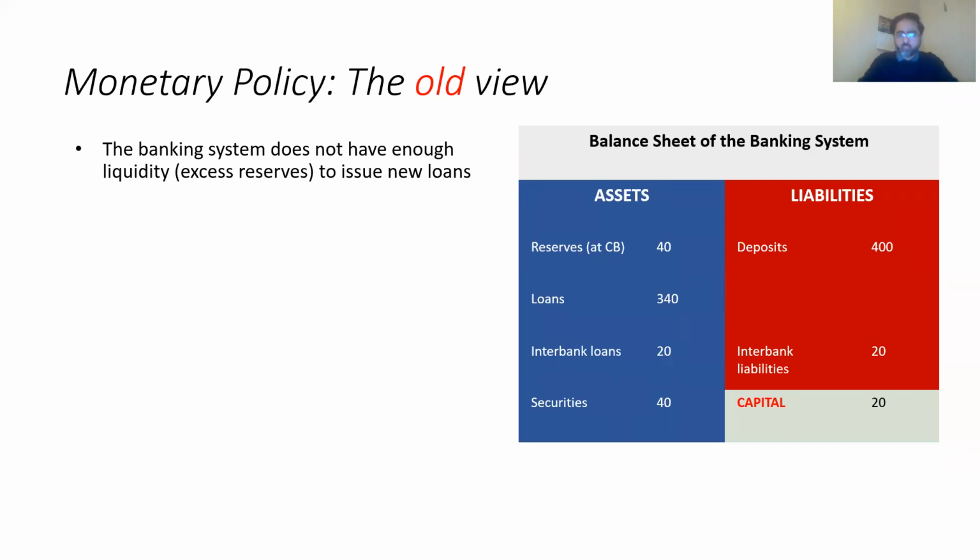By old view, I mean, how is it that the central banks used to conduct monetary policy back in the 80s? So what they used to do in the 80s was they would directly control or affect the money supply. So this is something you've also heard in any economics course you have taken as well. So that the central bank increases the money supply or decreases the money supply.